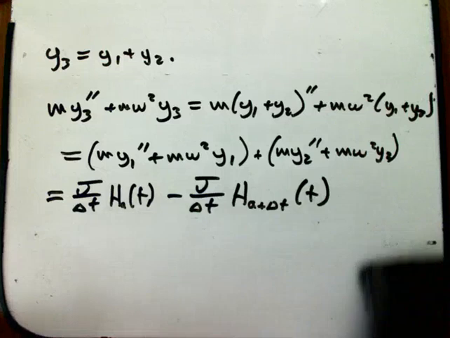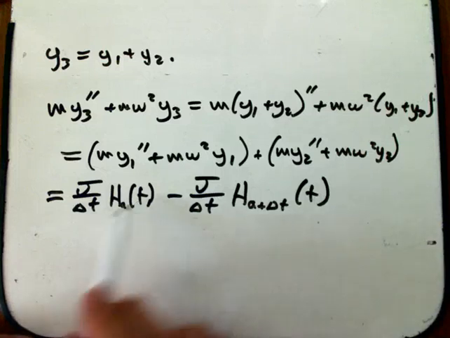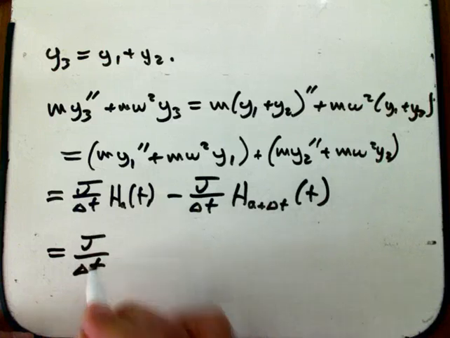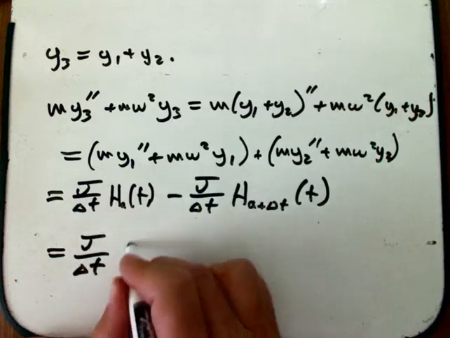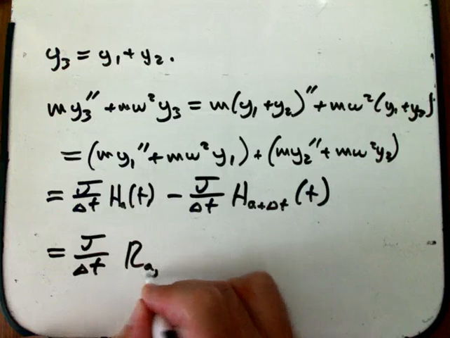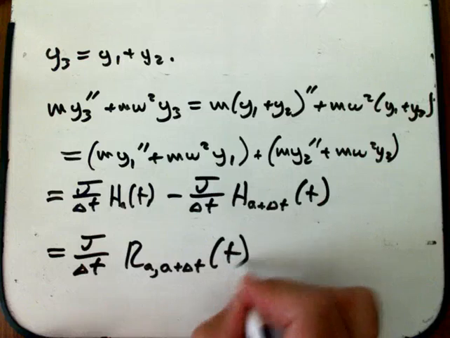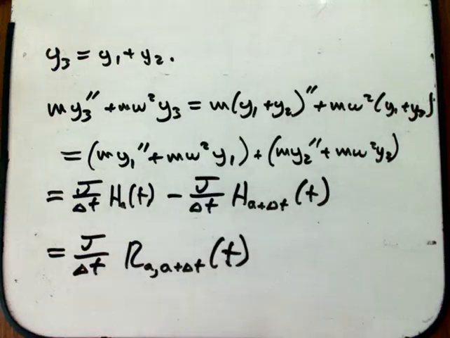Well, that has a common factor of j over delta t times the difference of step functions. And in the introduction of the PDF, we know that that's just a really good way of creating the rectangular pulse. It's the definition of the rectangular pulse.